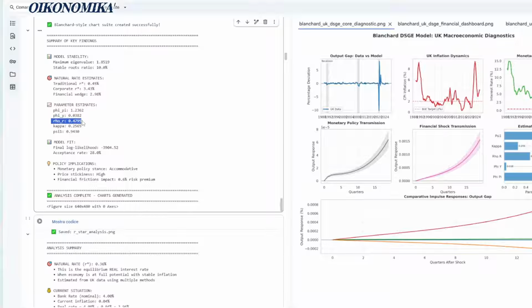Because if I diminish the inertia of monetary policy, then tendentially the Bank of England equation would react more promptly to any price stability deviation from 2%. And they would be quite aggressive in trying to preserve price stability.